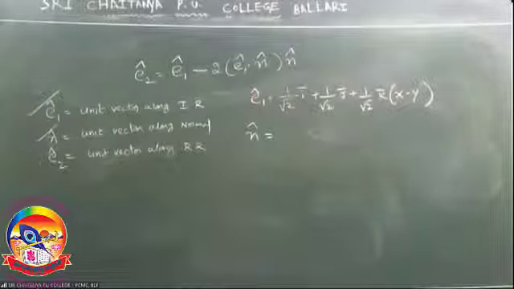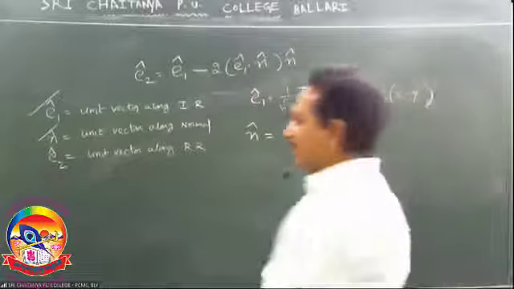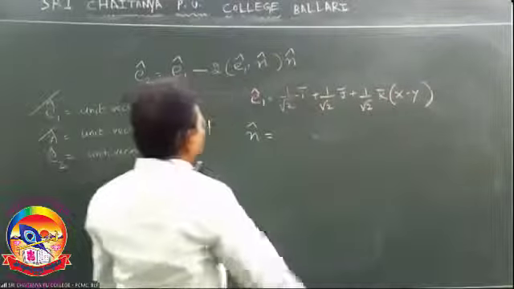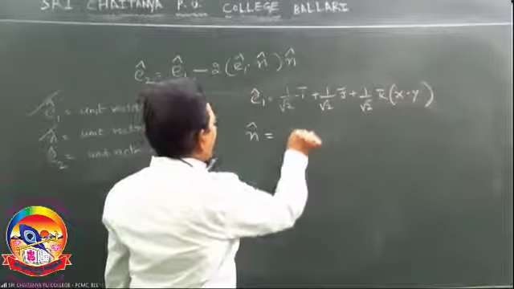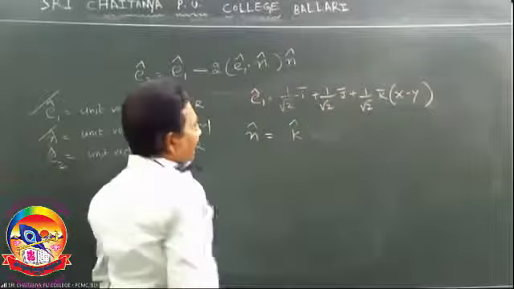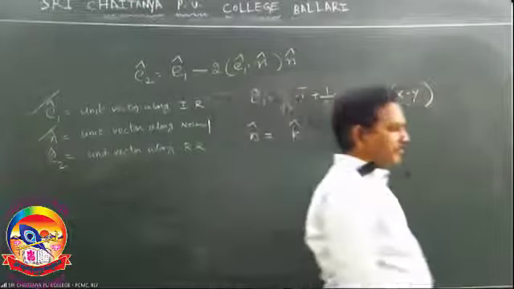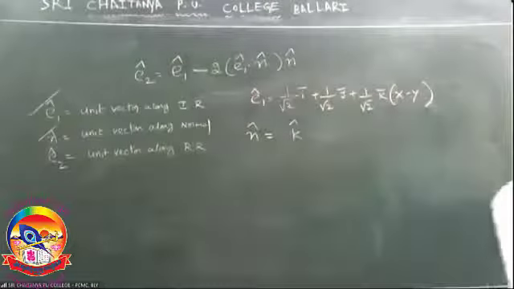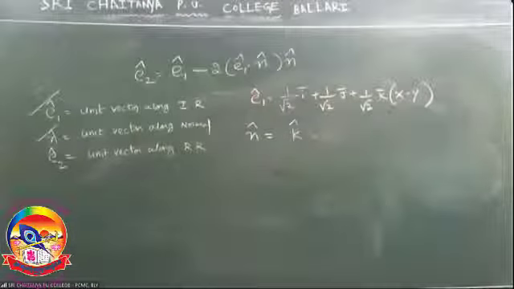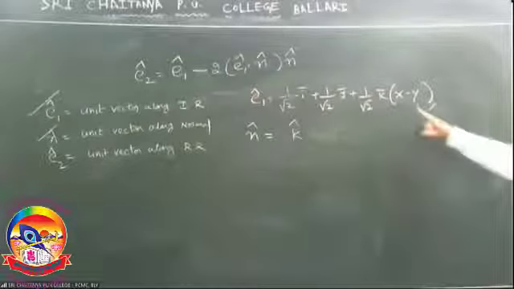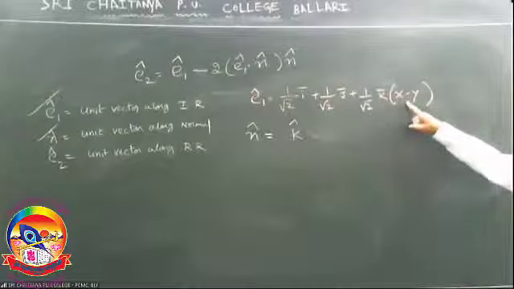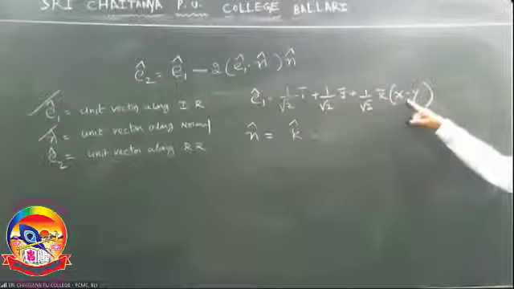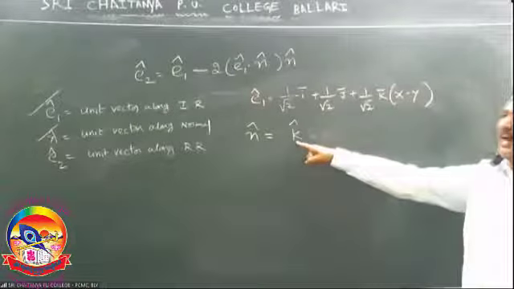So for the xy plane, what is the 90 degrees vector? K cap. Understand? K cap is the unit vector along the normal. Suppose here YZ plane is given. If this is the YZ plane, then what is perpendicular to YZ? X. Then I will take here i cap.